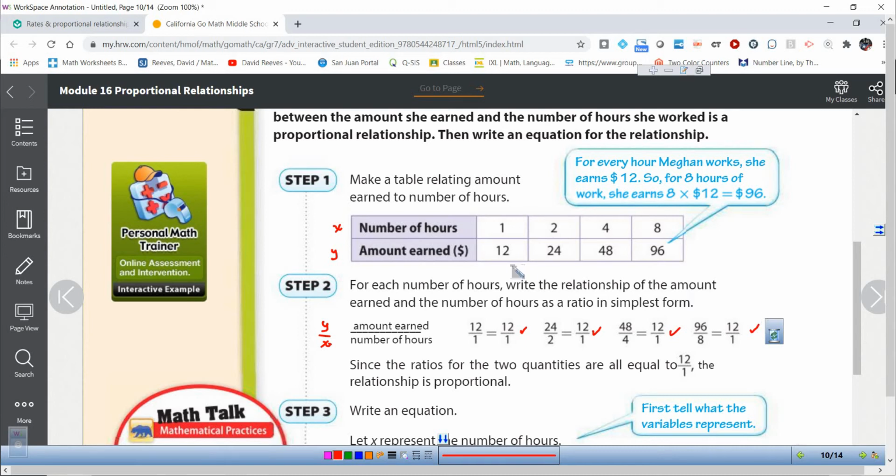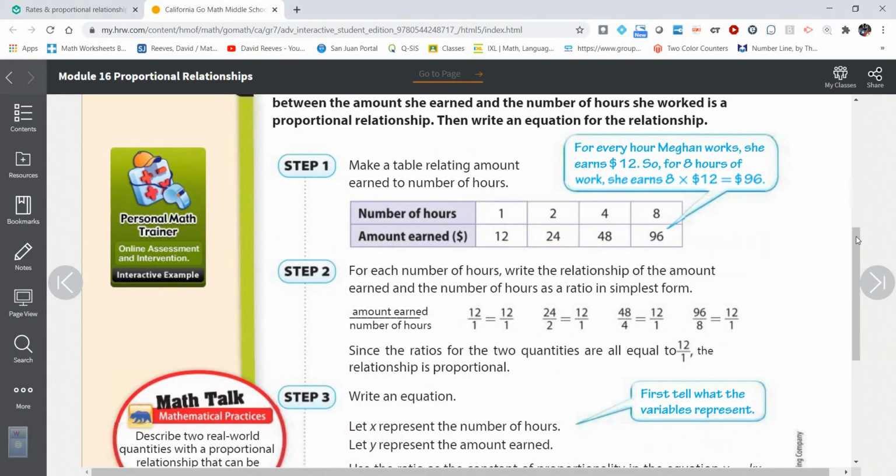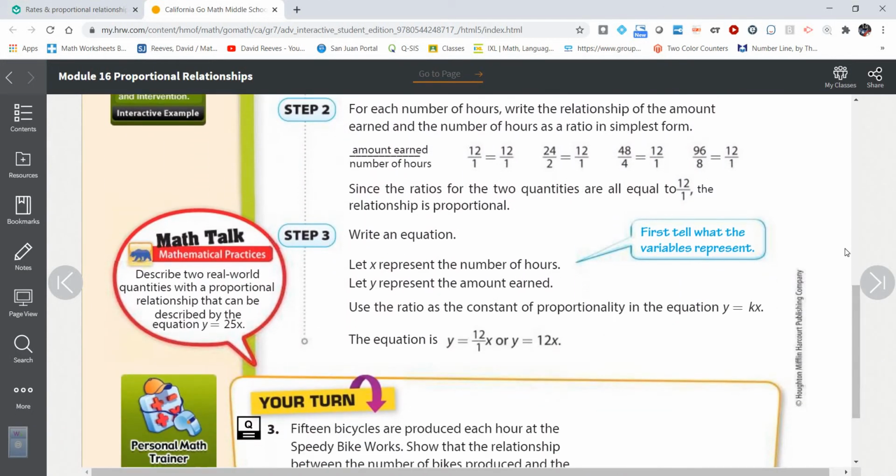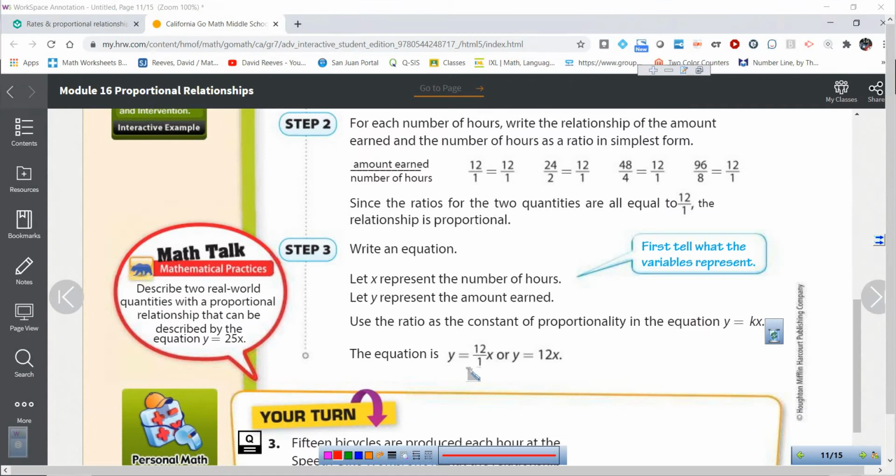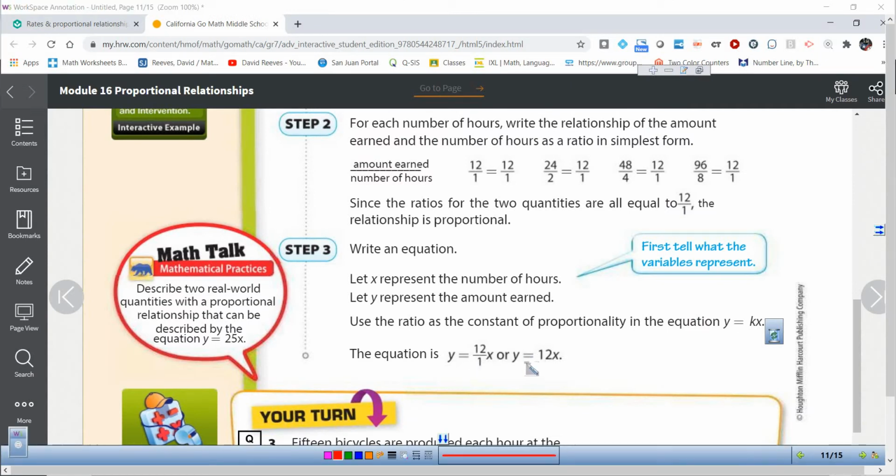So if I asked you what is the relationship, you could say that the amount earned is 12 times the number of hours. Or if we were going to write that as an equation, here it is right here. y equals 12 over 1 x, or y equals 12x. That is the proportional relationship.